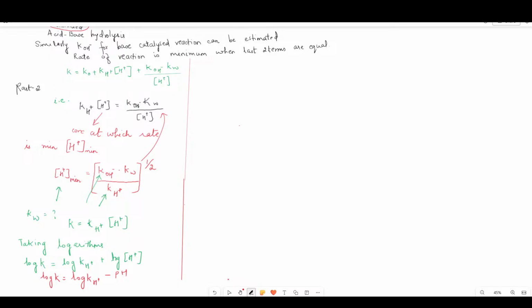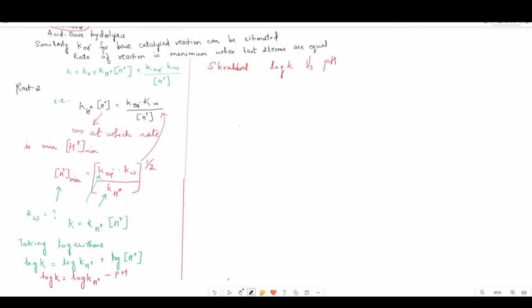Skrabal has plotted graphs between log of k and log of H+, that is pH, for various reactions of this type.